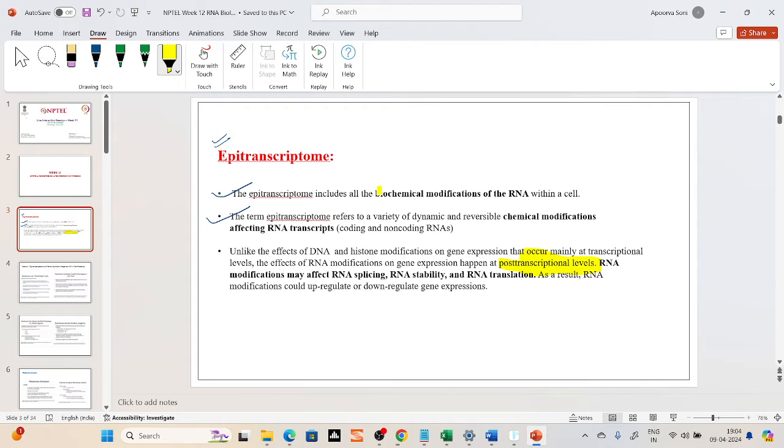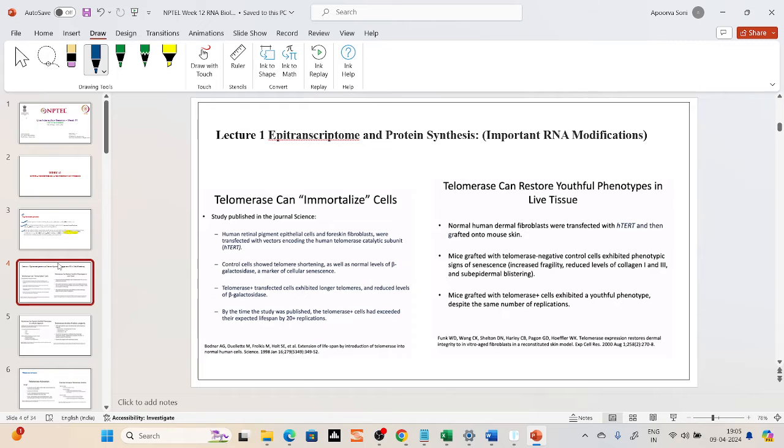RNA modifications can affect RNA splicing, RNA stability, and RNA translation, and as a result they could upregulate or downregulate gene expression. So not only DNA modifications can affect the expression of genes. Now we'll come to the first lecture, which is the important RNA modifications.